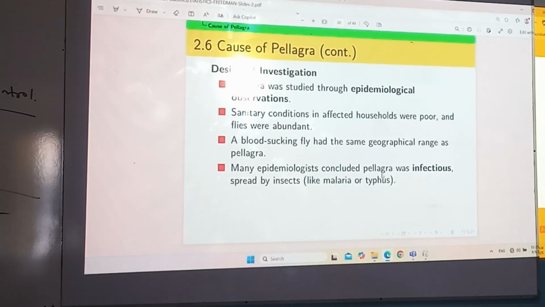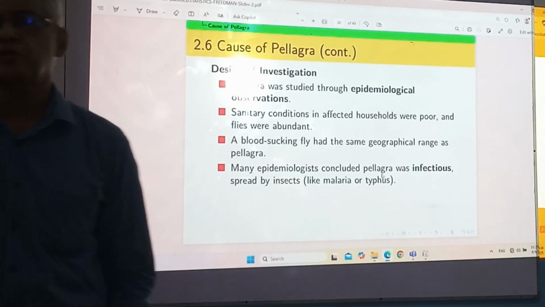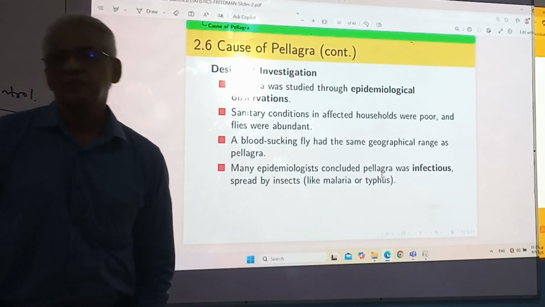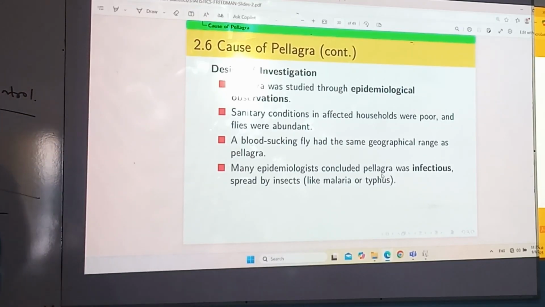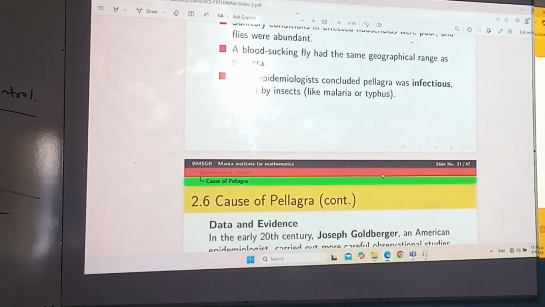So therefore, based on this observation, at the early stages, many epidemiologists concluded that this particular disease was caused by these infectious insects. Right? So there was a lot of evidence for that. So they decided that this was caused by these insects like malaria or typhoid or whatever similar kind of things caused by some small insect.